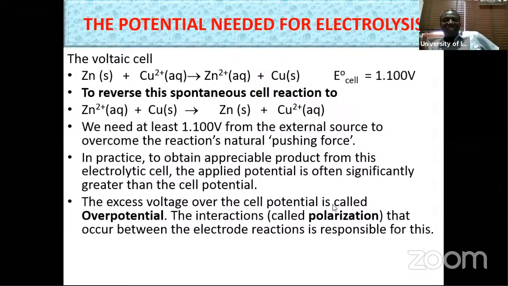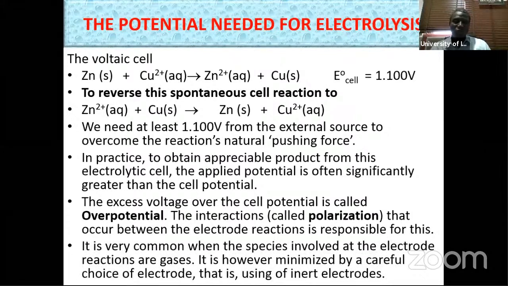So the excess voltage over 1.1 volts is what we call the overpotential. I hope you take note of this. What normally causes that problem is the interactions between your electrodes and between your electrodes and your solution, and things like that. Those will also take something. So that interaction is what we call polarization. So polarization is one of the causes of overpotential.